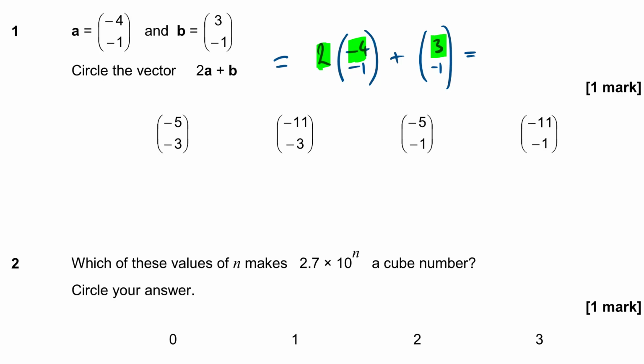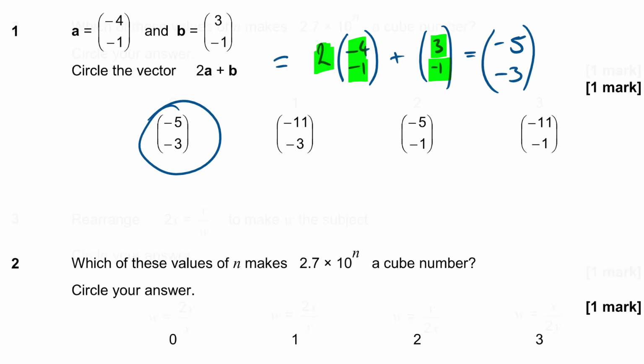For the top number, 2 lots of negative 4 is negative 8, plus 3 is negative 5. And then I need to do 2 times negative 1 plus negative 1. So 2 lots of negative 1 is going to be negative 2, plus negative 1 is negative 3. So the vector I'm looking for is that one there.